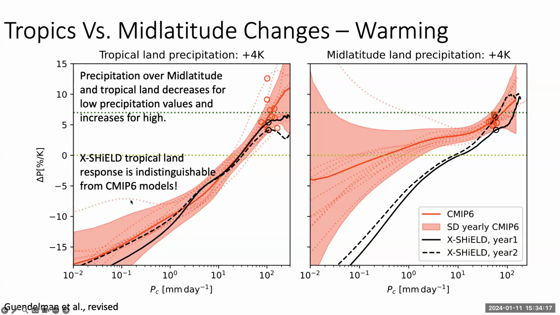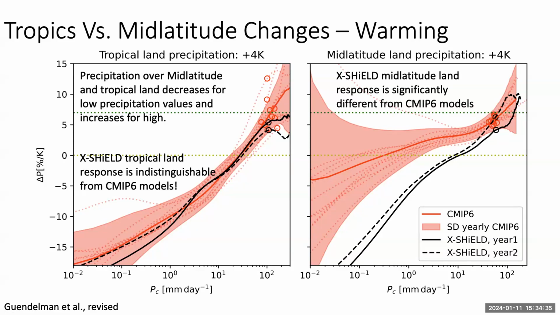mostly important, is more or less, you can basically not distinguish X-SHiELD from the different CMIP6 models, maybe just a little bit on the extremes, when you look at the extremes. But when you're looking at the mid-latitude response, the response of the mid-latitude is significantly different.